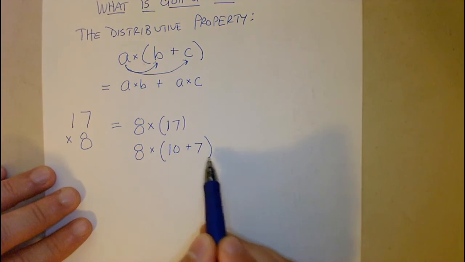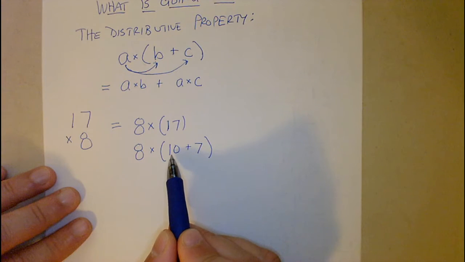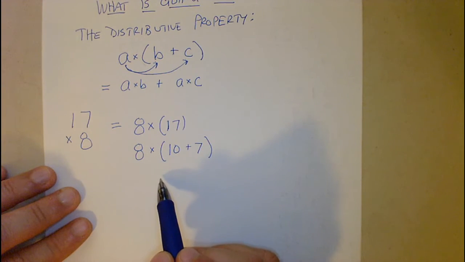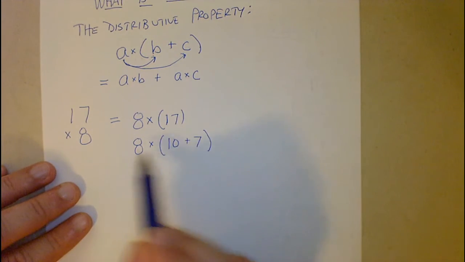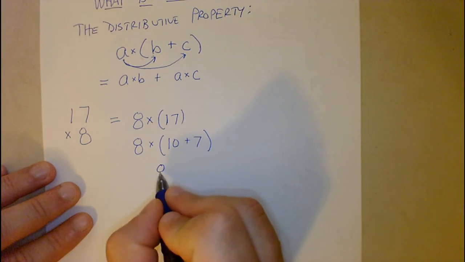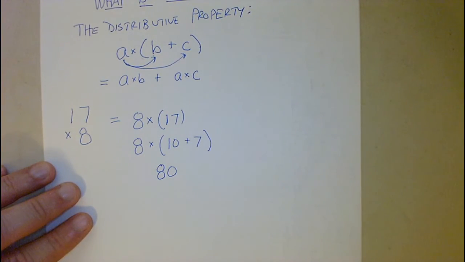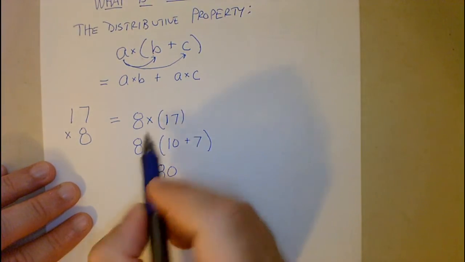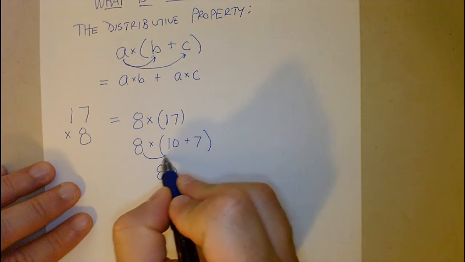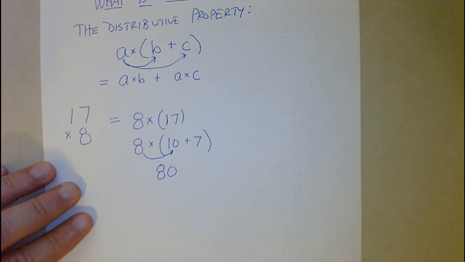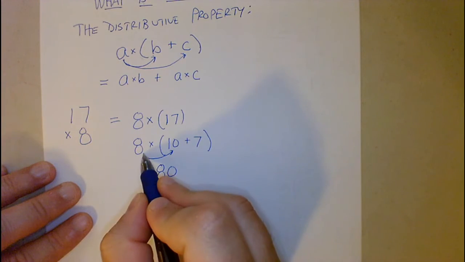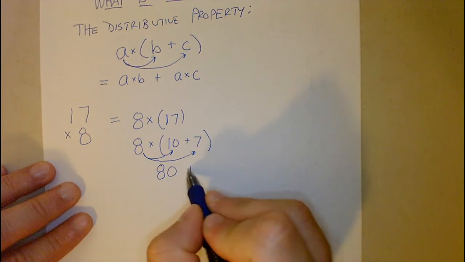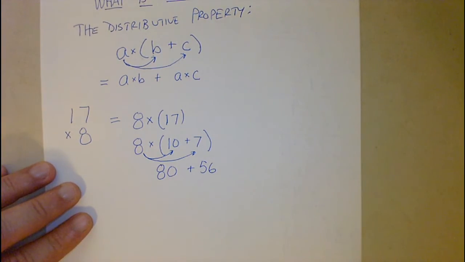Now, the reason why you want to do that is because it's really, really nice multiplying things by 10. Because what you do is you do 8 times 1, which is 8, and then you throw a 0 on the end. So what I'm doing here is I'm doing 8 times 10, and then I'm using my distributive property to do 8 times 7, which is 56.